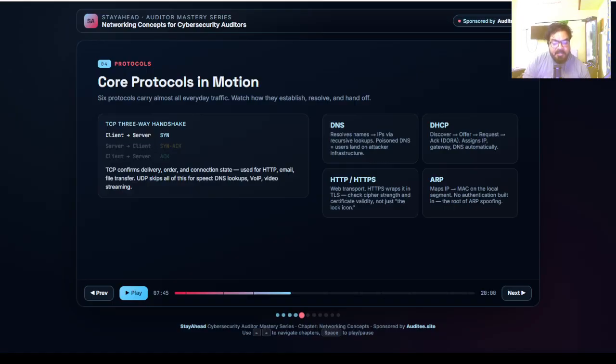And this handshake is exactly what confirms delivery, ordering, and connection state for things like HTTP, email, and file transfer. UDP skips all of that for speed, no handshake, no guaranteed delivery, which is why it's the protocol of choice for DNS lookups, VoIP calls, and video streaming, where a little loss is better than a delay.